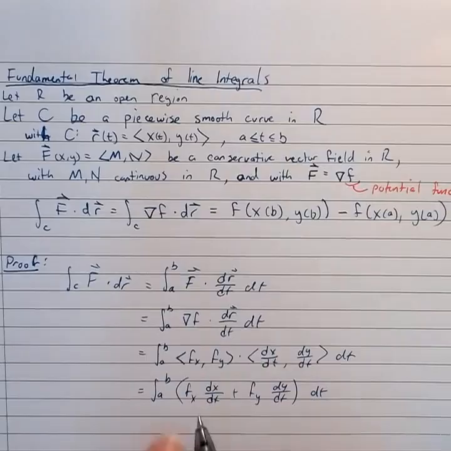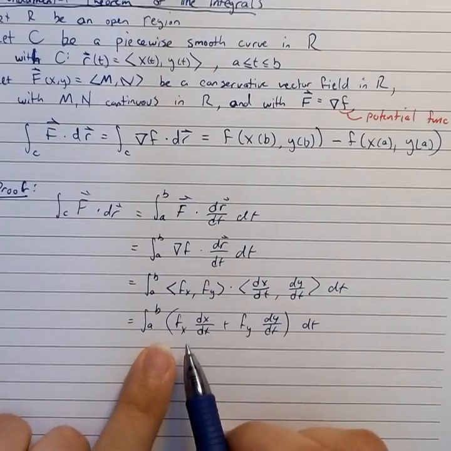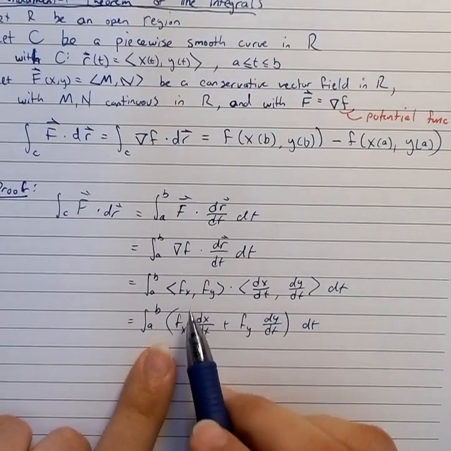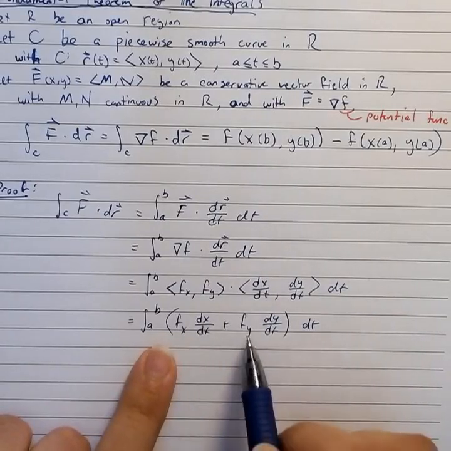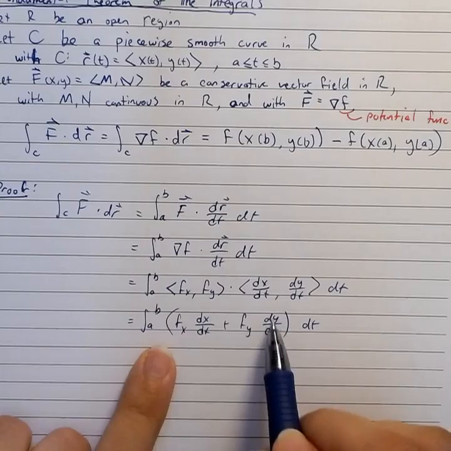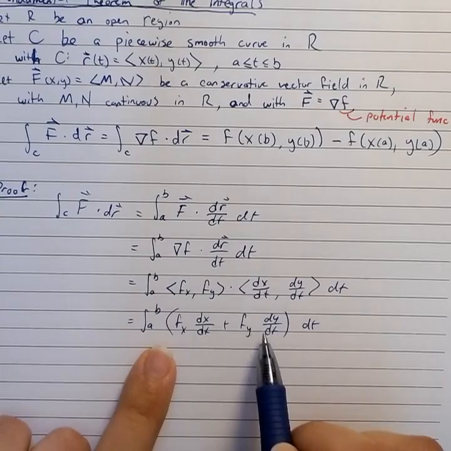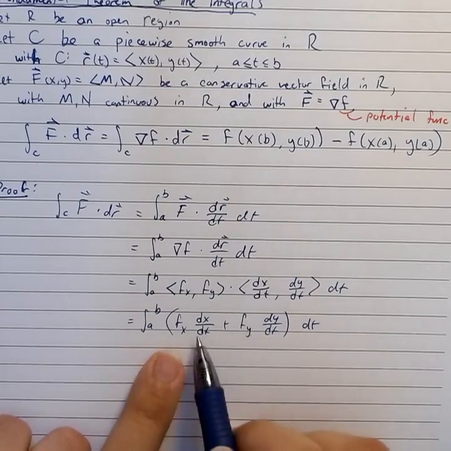But if you notice now, the partial derivative with respect to x times dx/dt, that's just the derivative of your first component with respect to t. Likewise, the partial of f with respect to y times dy/dt, that's the derivative of our second component of f with respect to t. Or in other words, we're using the chain rule.